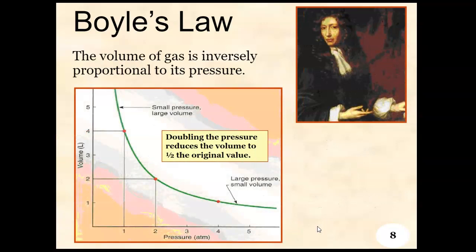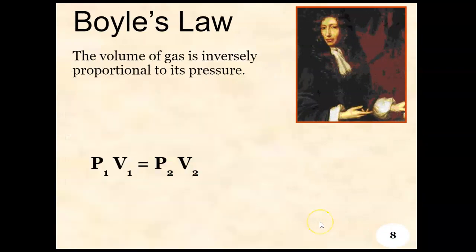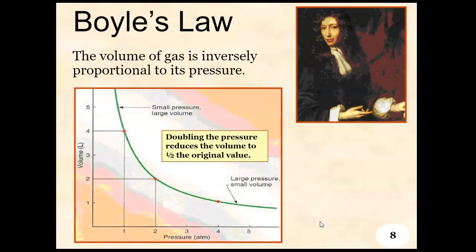All right. So doubling the pressure reduces the volume to half its original value. So you've got P1V1 equals P2V2 again. Looking at this, if we're starting here, pressure is 1 and my volume's 4.